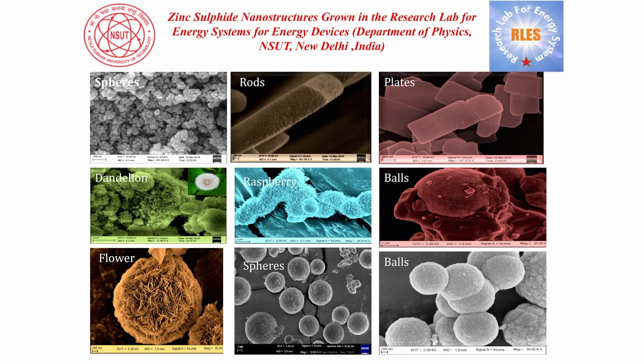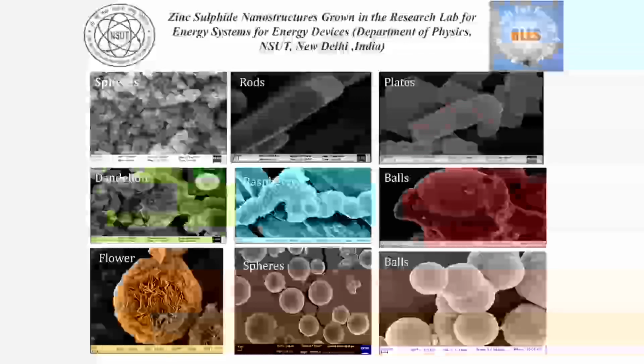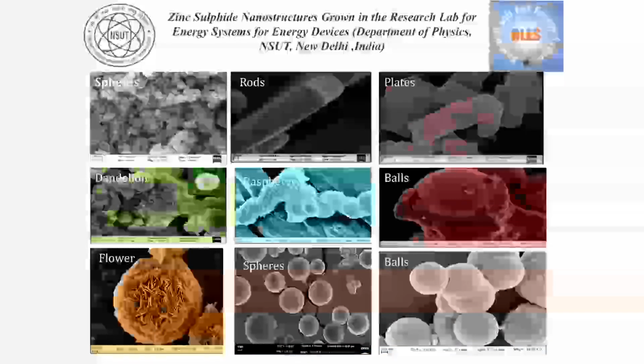And for the ZnS dandelion, ball and flower-like morphologies which we have developed in our lab, the potential application of these ZnS nanostructures is for enhanced photocatalysis and supercapacitor performances.